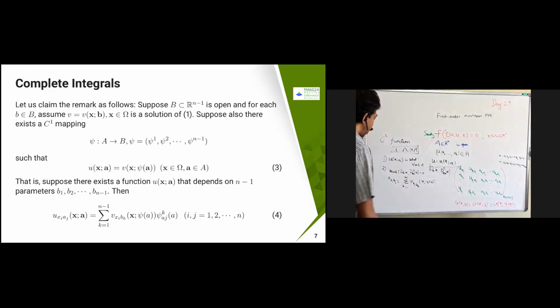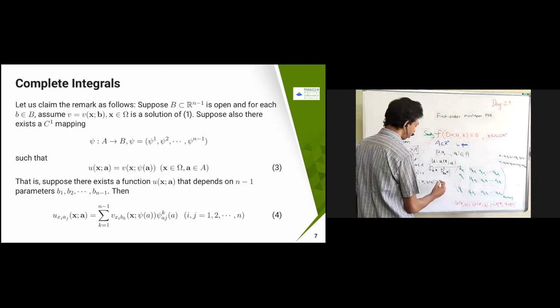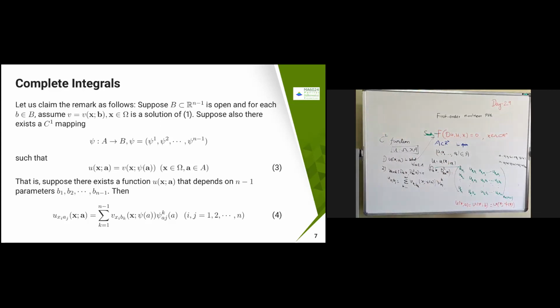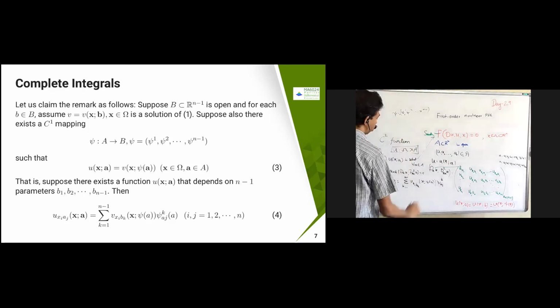Differentiating with respect to aj, I get psi aj, for each of the tuples, because psi has psi 1, psi 2, up to psi n minus 1. For example, you can take the 2-dimensional case, psi 1, psi 2.